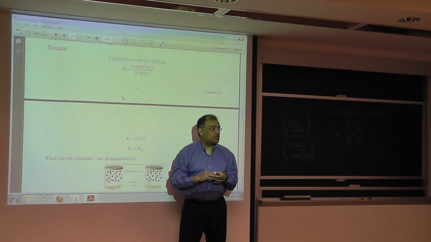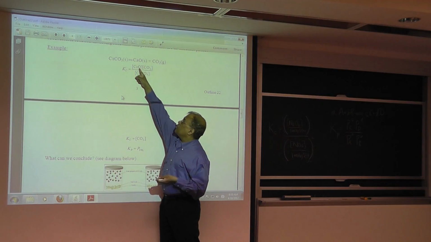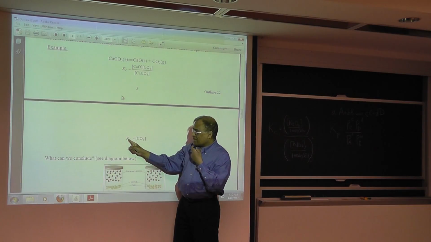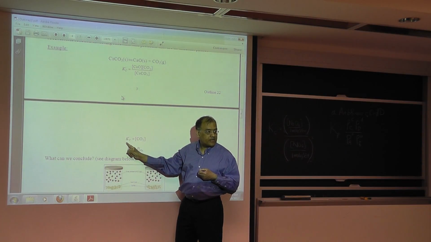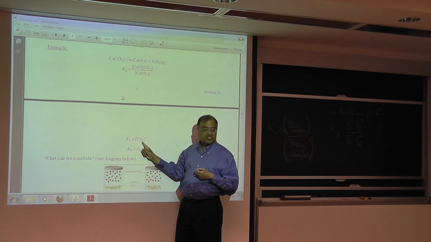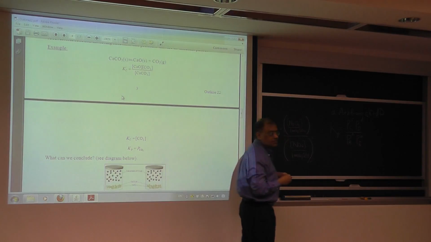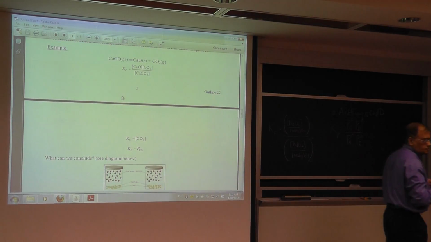The concentration would be a constant. So both of these are going to be constants. So we would subsume that into a new equilibrium constant expression, and it would be just equal to the concentration of carbon dioxide. And we know that it's constant because they are solids. Okay.